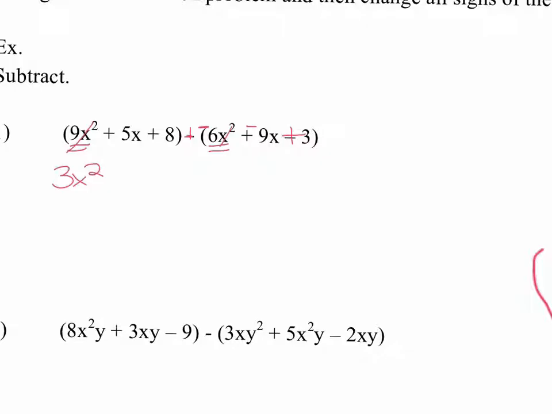Then I have 5x plus a negative 9x, which is a negative 4x. And then we have a positive 8 plus 3 gives us plus 11.